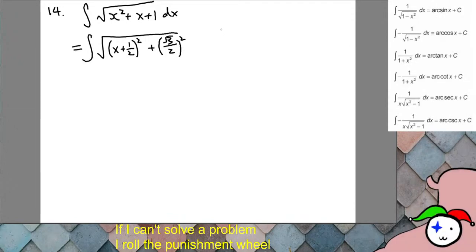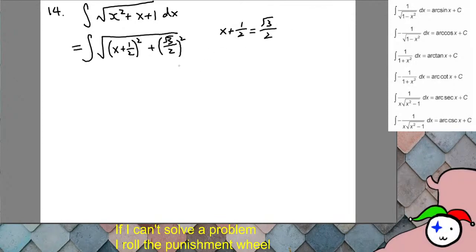If we let x plus a half equal root 3 over 2, now here I guess we want to put some trigonometry identification, so either sine or tangent.